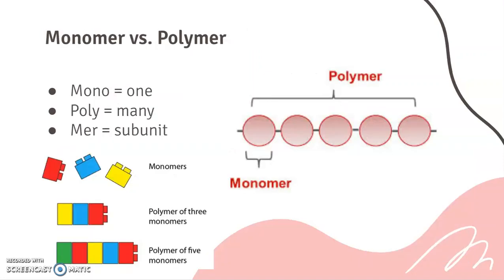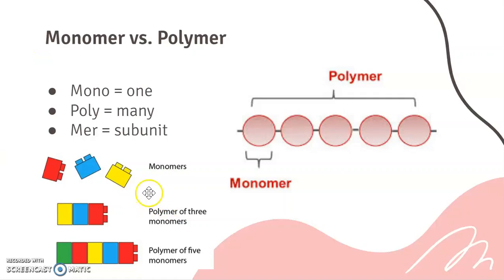So first up, just to go over what the monomer versus polymer is, remember a macromolecule can be broken down into these two terms. Mono equals one. A macromolecule is a large molecule, and if we break it down, then we've got one subunit of that molecule.